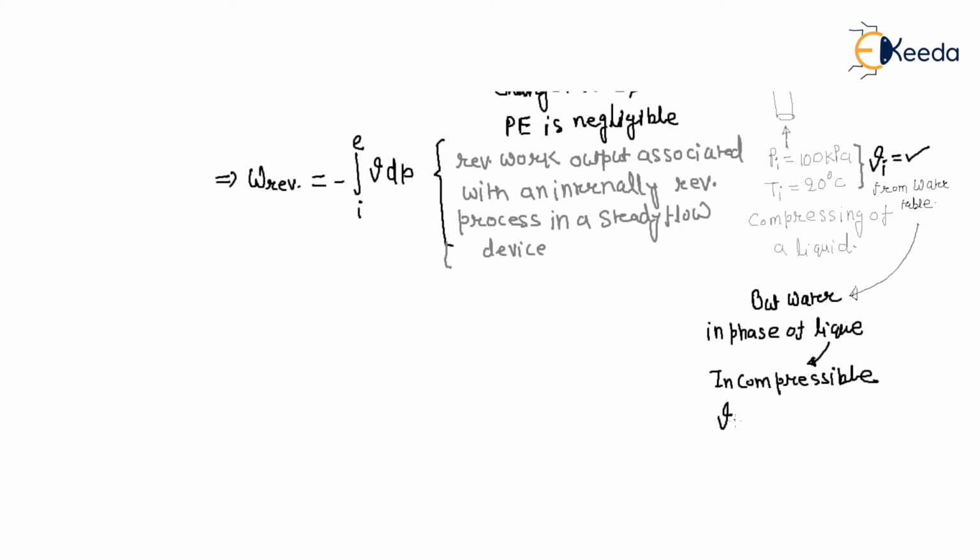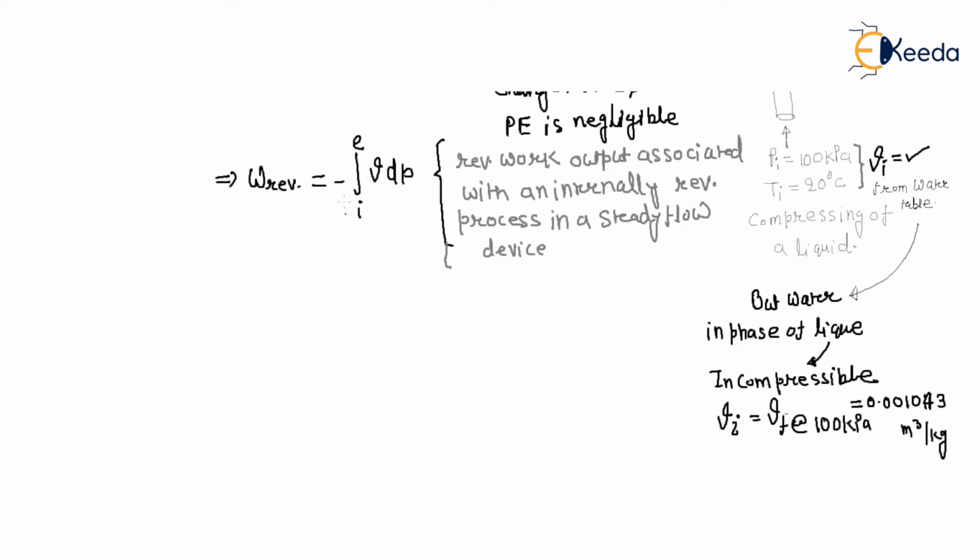So Vi is equal to Vf, saturated at what pressure? 100 kilopascal. So at this pressure, from the table, it is 0.001043 cubic meter per kg. So you have Vf, right?